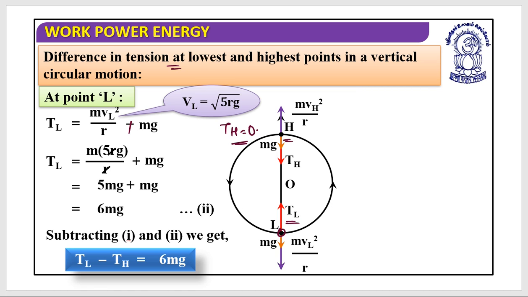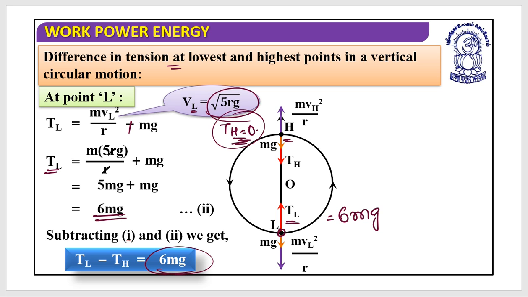So T is equal to mv square by r plus mg. If I replace the value of v at L, the velocity at the lowest position, that we have derived, it's root of 5rg, the tension at the lowest position would be equal to 6 mg. So here you have received the tension is 6 mg. Here the tension was 0. So the difference of this will always be 6 mg.